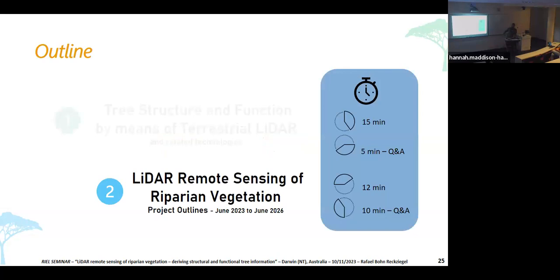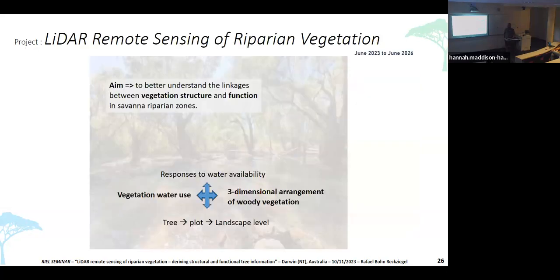So I'll continue with the project outline for my LiDAR remote sensing of riparian vegetation project. It goes from June this year until June 2026. The aims are to have a better understanding of the linkages between vegetation structure and function, now in terms of savanna riparian zones.